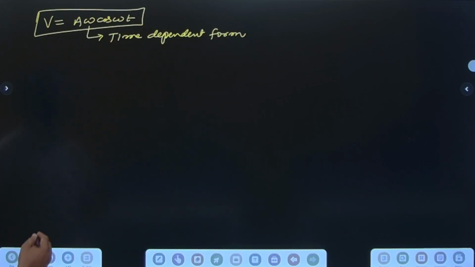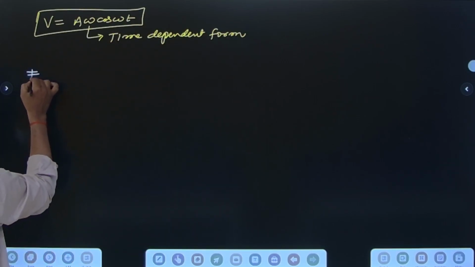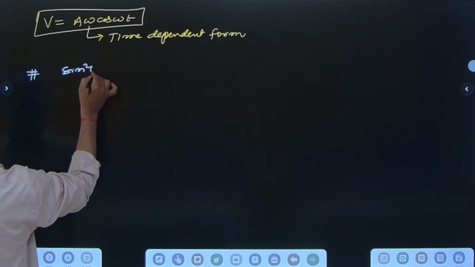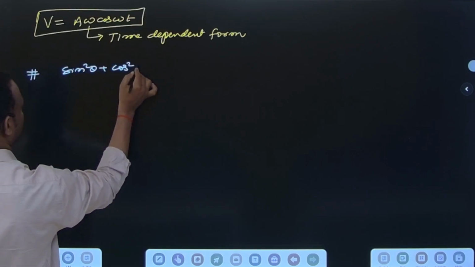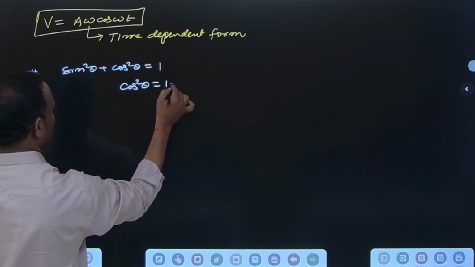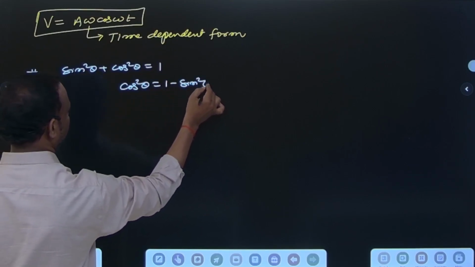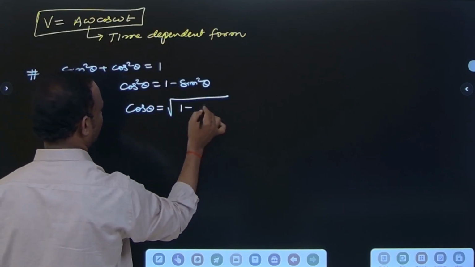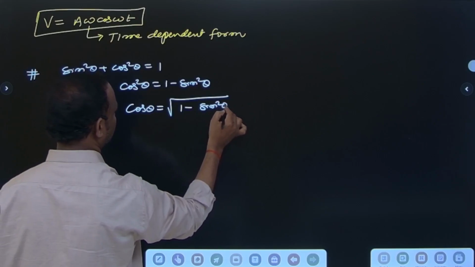For the position dependent form, if I want to discuss it, then what do you say? Sine square theta plus cos square theta is equal to 1. Cos square theta is equal to 1 minus sine square theta. Cos theta is equal to under root of 1 minus sine square theta.